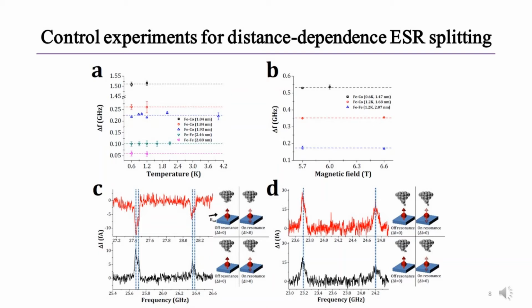Or in some other cases, which is not that common, the spin polarization is opposite to the external magnetic field Z component. Then it will create a peak in the ESR signal. So we can see here the sign of the ESR signal is also affected by the tip apex.